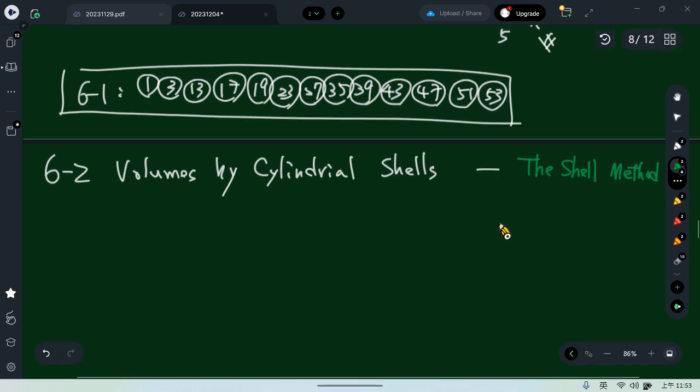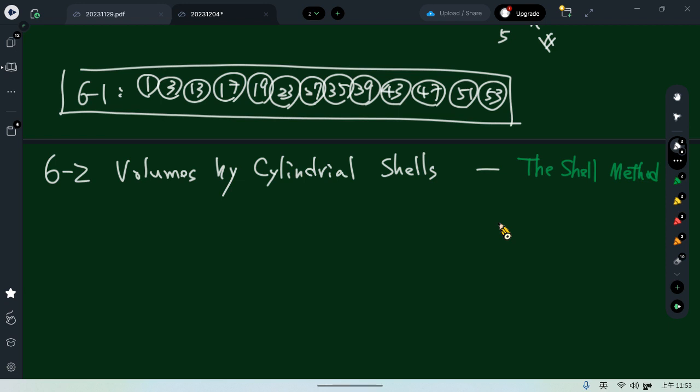Okay, the shell method, the idea is just like this. Sometimes you may get confused about the difference between the shell method and the washer method or this method. So there are two very important rules to check it.